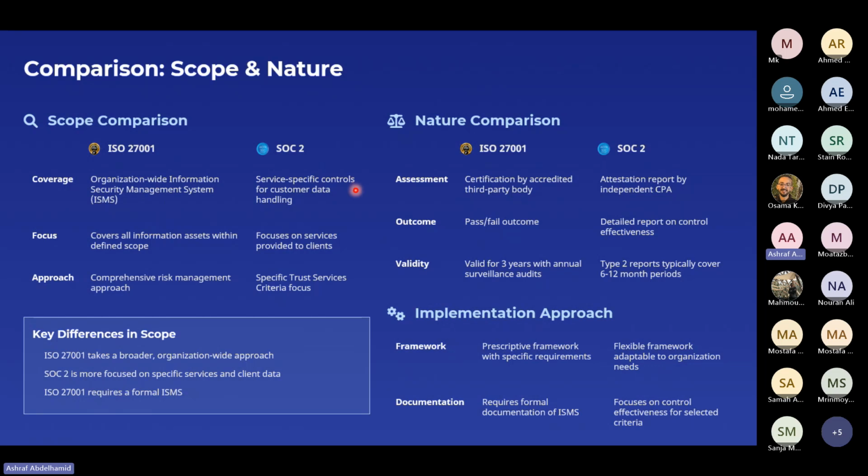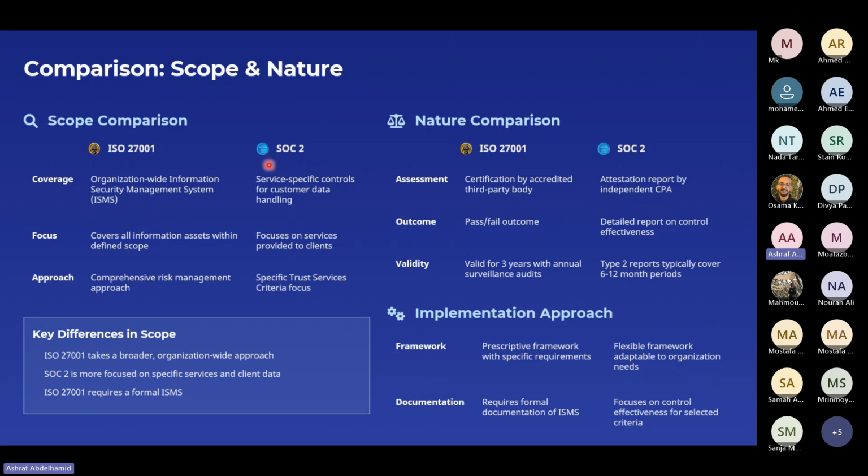SOC 2 is provided for service providers that are handling information of their clients or customers. The customers would like to trust that the information is in good hands. So that's why we have SOC 2. It gives trust to the clients, or the customers, of that service provider.